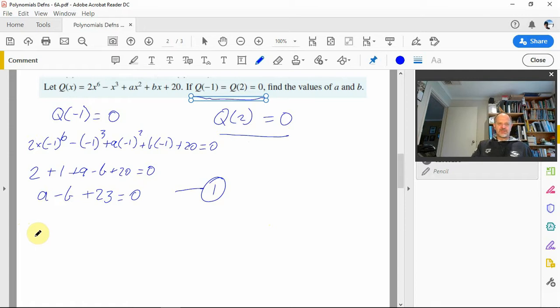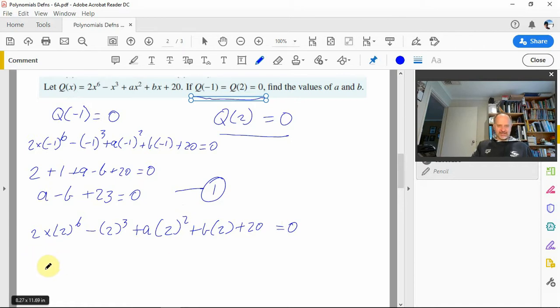So put 2 in there: 2 times 2 to the 6 minus 2 to the 3 plus a times 2 squared plus b times 2 plus 20 equals 0. 2 to the 6 is a bit, you get your calculator, I haven't got one handy. 2 twos are 4, 2 fours are 8, 16, 32, 64, I believe. 64 times 2 is 128. 2 cubed is 8. 2 squared is 4.